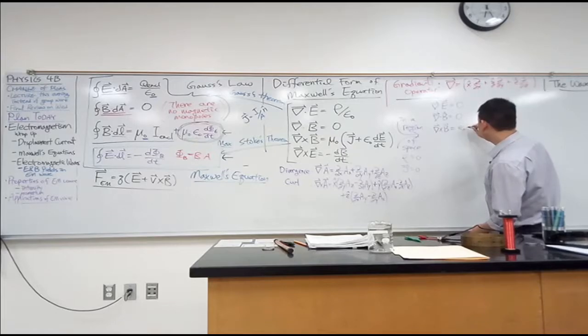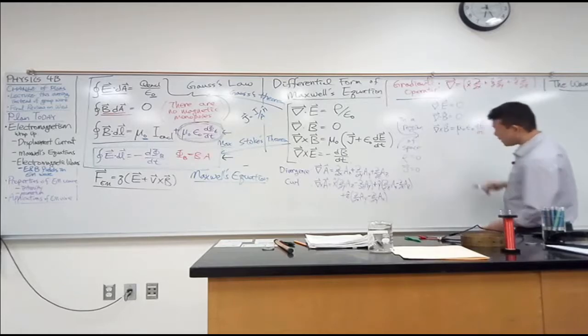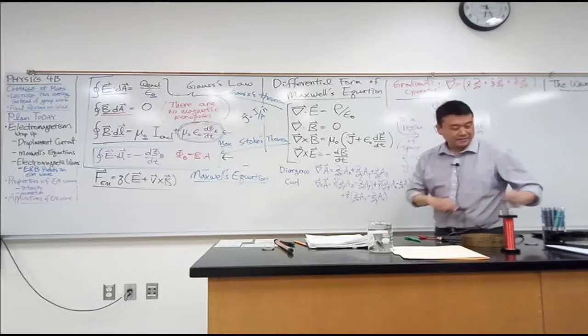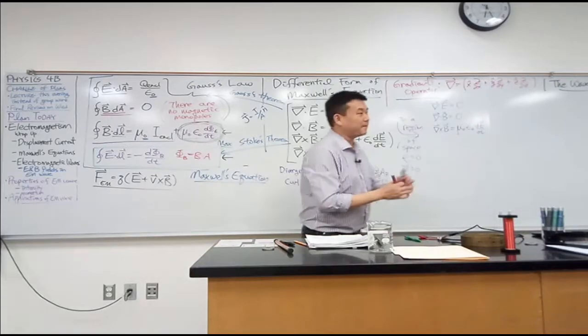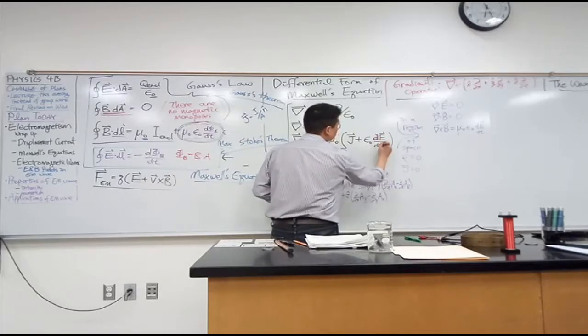I want mu naught first. Mu naught, epsilon naught, and the time derivative of the electric field. Oh, I think I've been a little bit sloppy. Let me correct my sloppiness from earlier. I should have said that this is a partial derivative with respect to time.